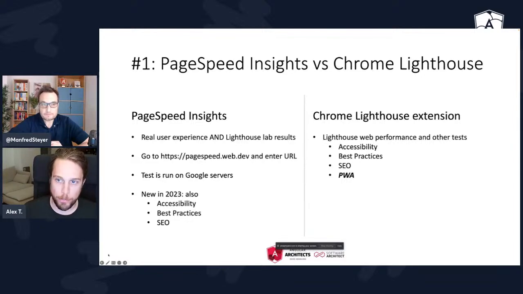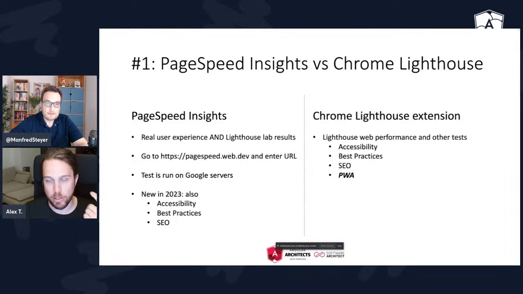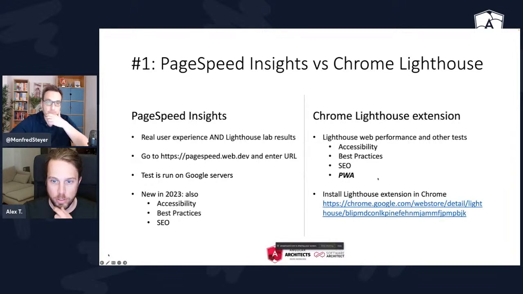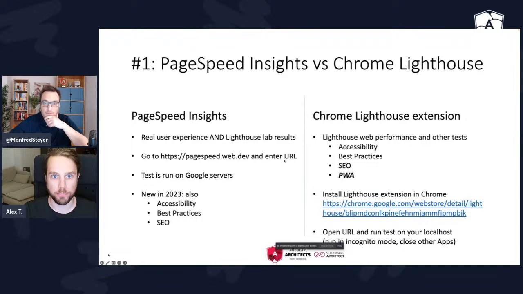You can then audit the application with this Lighthouse extension, maybe analyze and optimize the application, and then run the same test again on your localhost. So you just have to install the plugin for Chrome, and I will now show you an example of this.